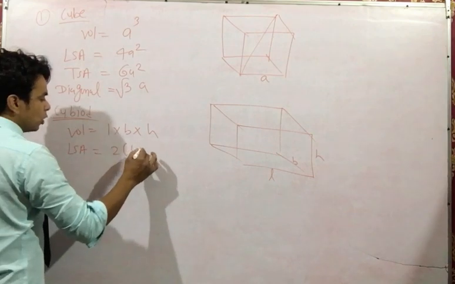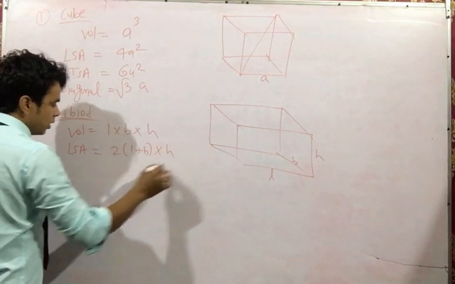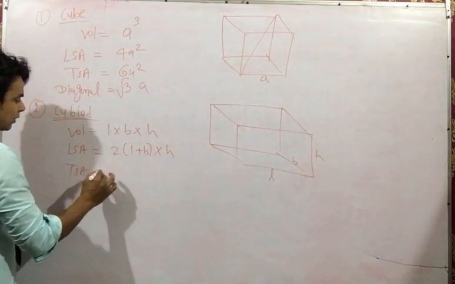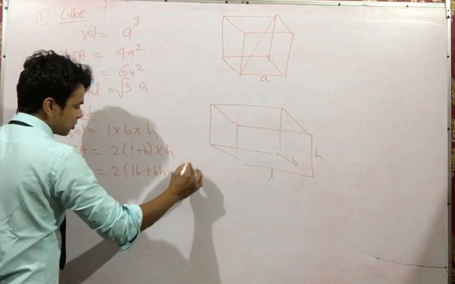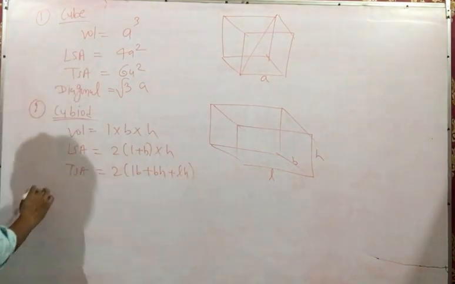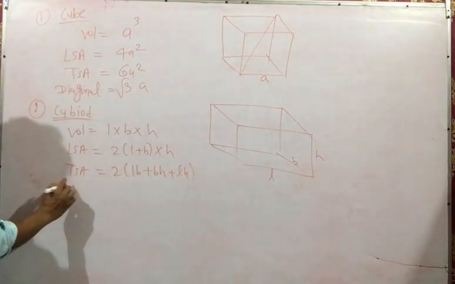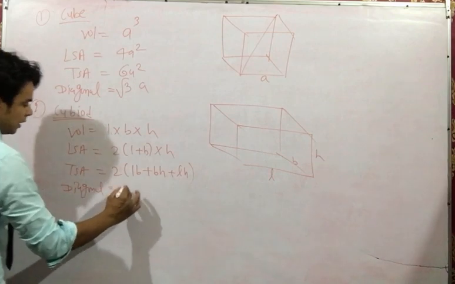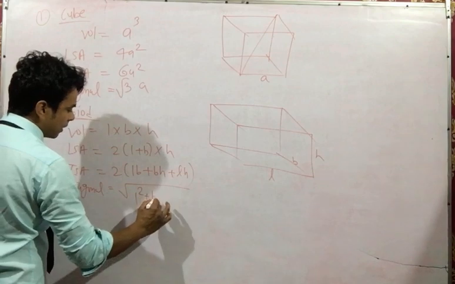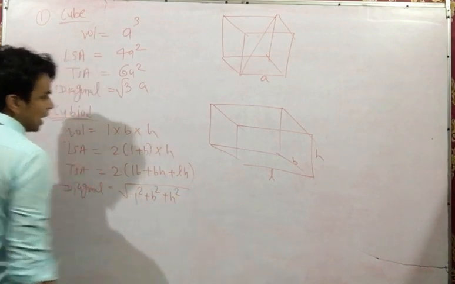It is 2 into (L plus B) into H. Now find the total surface area: 2 into (LB plus BH plus LH). After that, third, you can find the diagonal also. The diagonal is under root L square plus B square plus H square.